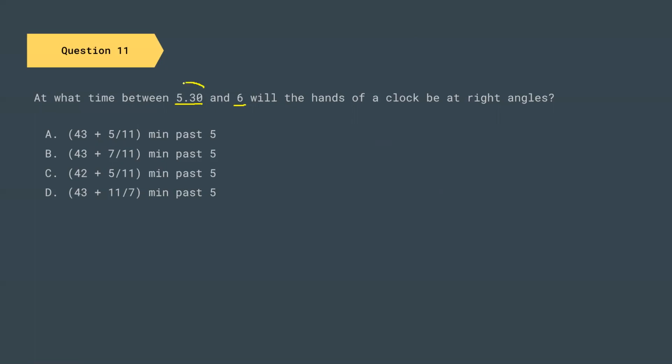Let us first find the angle between the hour hand and minute hand at 5:30. What is the angle inscribed by the hour hand? This is 5 plus 30 divided by 60.